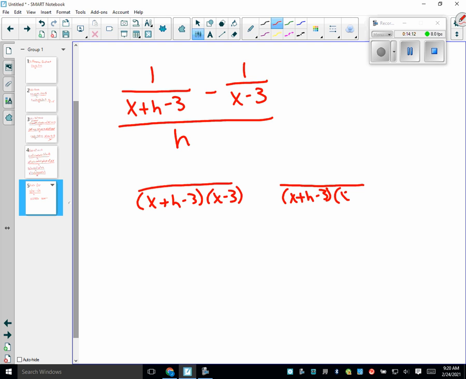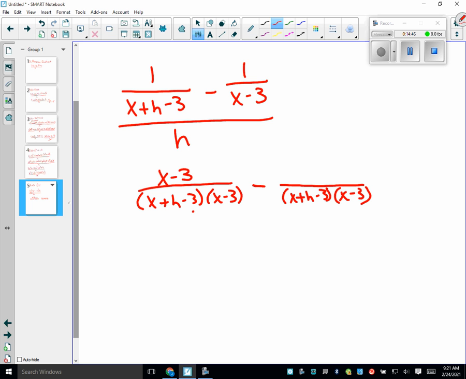Do you agree? So what did I multiply this denominator right here by to get this one? What did I multiply this denominator by to get this one? So don't I multiply the top by the same thing? So in my numerator, I have x minus 3. Right?